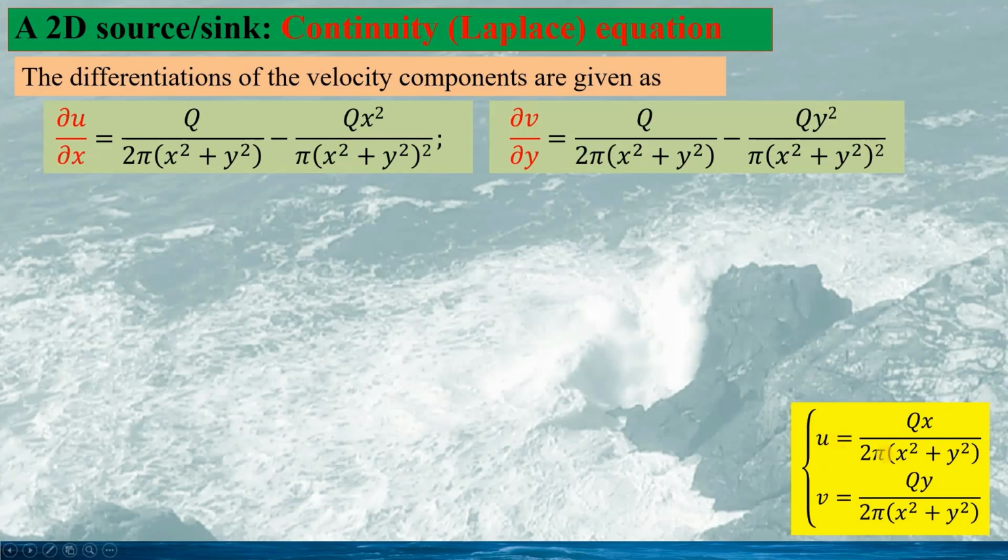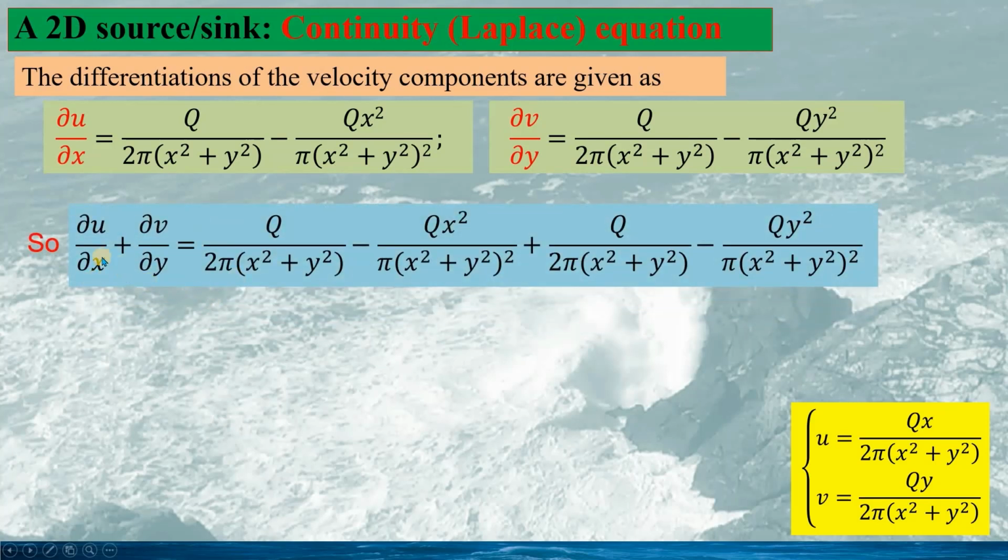Because we have the velocity expressions u and v, we can calculate the partial differentiation of the velocity u with regard to x, which would be given as this. And the velocity component v, its partial differentiation with regard to y is given as this.